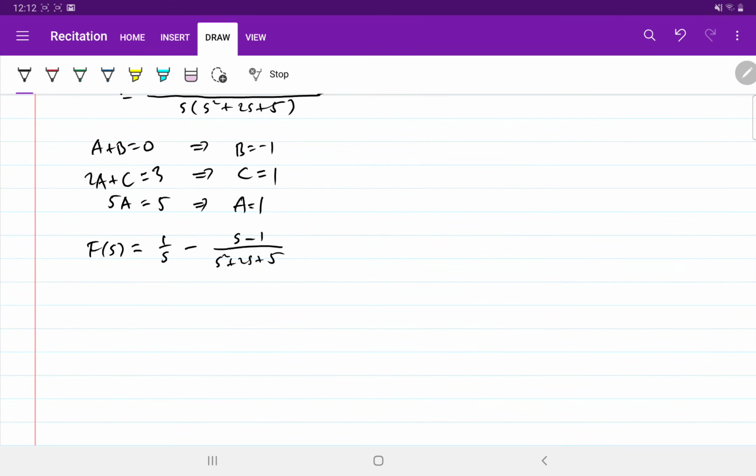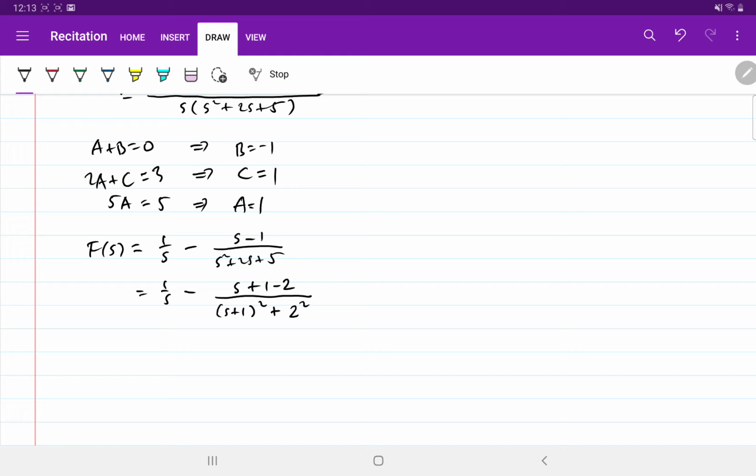Also, this can be written as 1 over s minus 1 over s plus 1 squared, right? Because s plus 1 squared is s squared plus 2s plus 1. So we have 4 as the remainder, and 4 is 2 squared, so 2 squared, and then we have s plus 1, as we have minus 2 there, right?